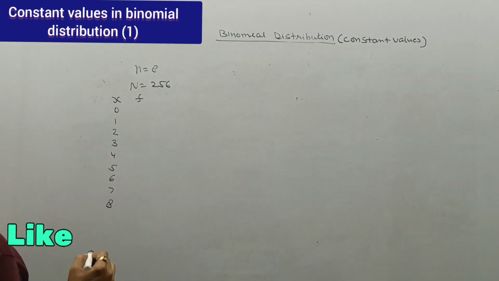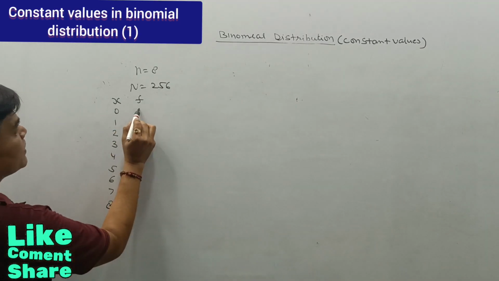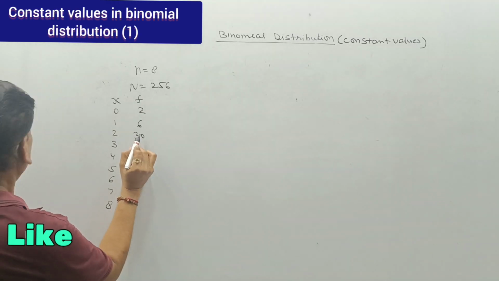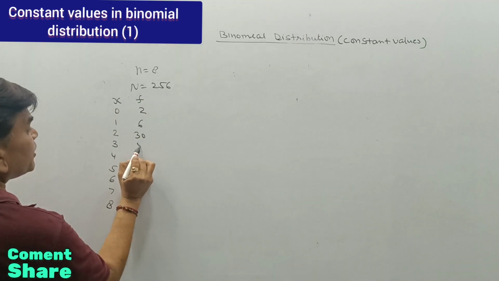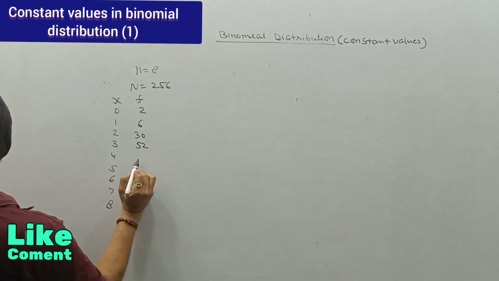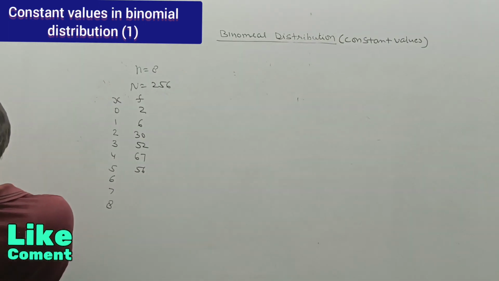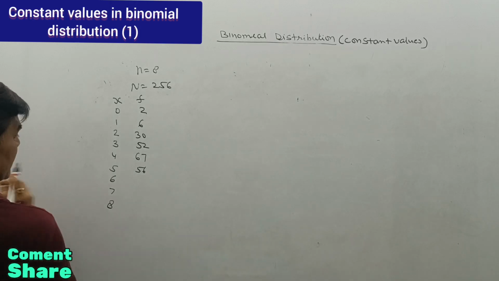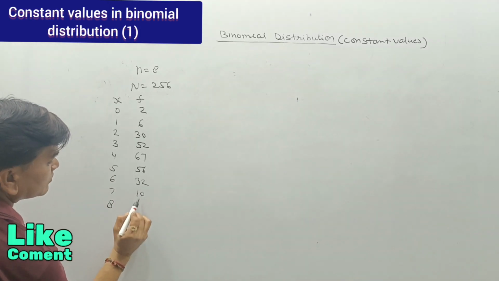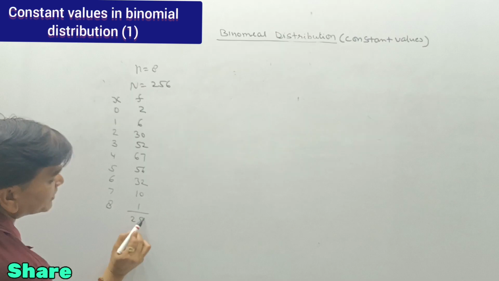The observed frequencies are 2, 6, 30, 52, 67, 56, 32, 10 and 1, and the total is 256.